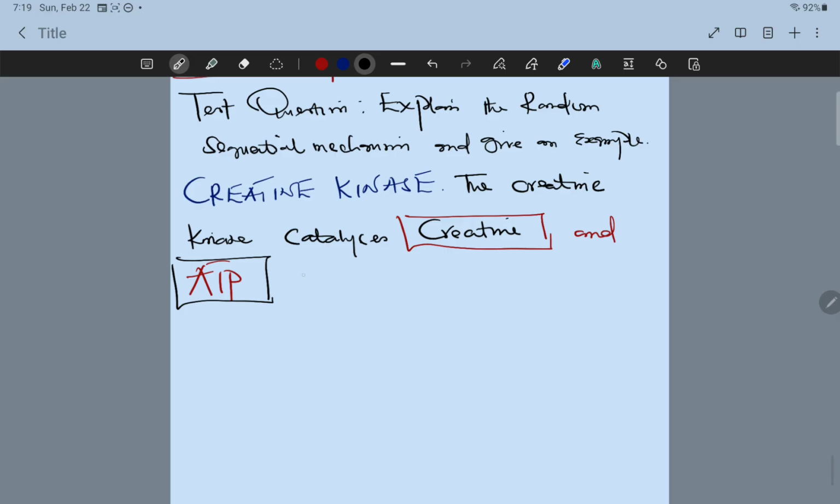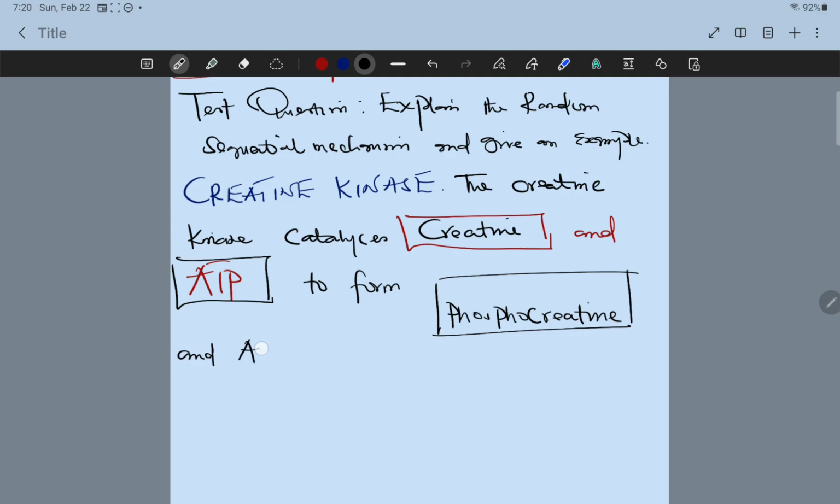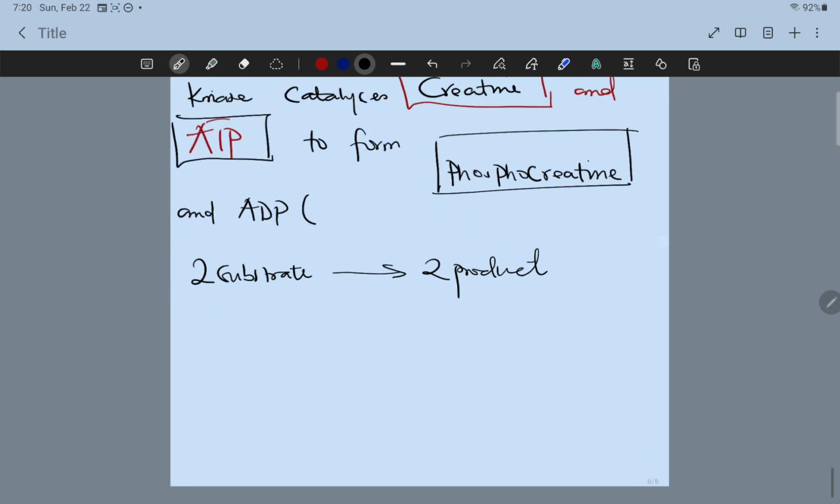These two substrates form what we call phosphocreatine and ADP. You see that? So in this case, two substrates are yielding two products.